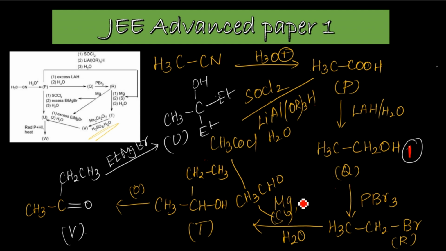And what about S? S can give. Then what about our T? T can also give. V can also give. U cannot. Did I miss anything? So answer to this question becomes 4.